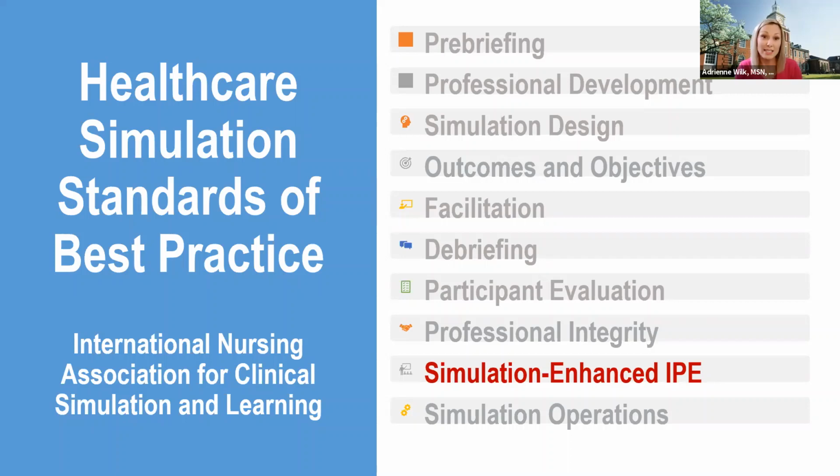There are currently 10 of them that go over all the various aspects of simulation and what is required in order for that simulation experience to be valuable to the learners, all learners, either licensed, certified, brand new little baby healthcare providers. So all different types of learners benefit from following these standards of simulation best practice. And the one that we are going to talk about specifically today is simulation enhanced IPE.